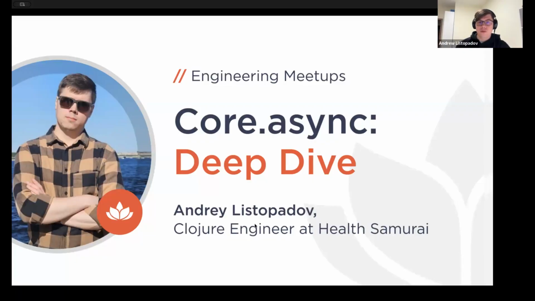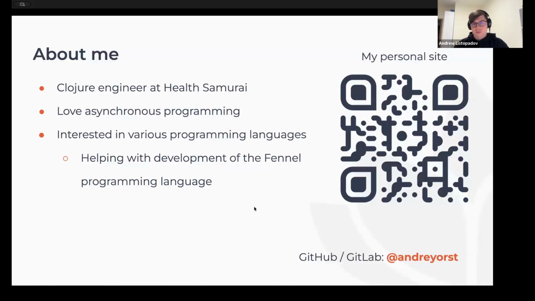First, a bit about me. I'm a Clojure engineer at Health Samurai. I've worked in Clojure for the past 5.5 years, and my experience in the profession is a little bit more than 10 years, but I wasn't always a backend developer in Clojure. Previously, I worked in C as a bare metal programmer on system-on-chip stuff, and it was exciting to switch from bare metal programming to backend programming because, as I later found, there are some common patterns here and there.